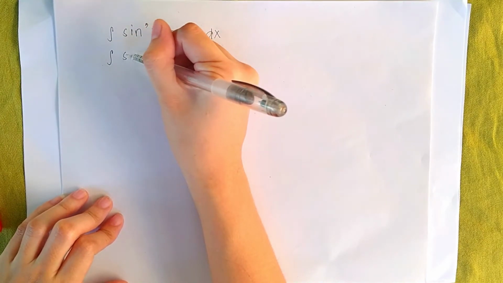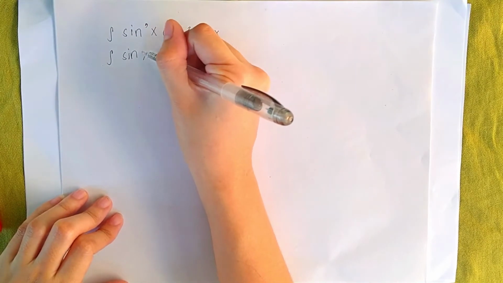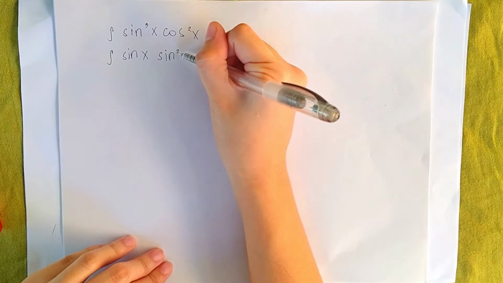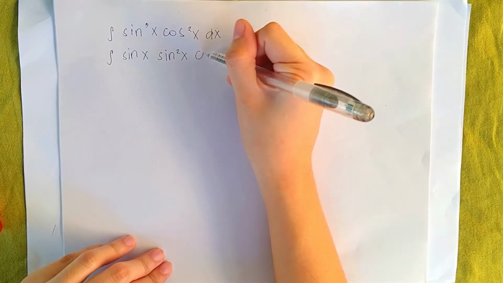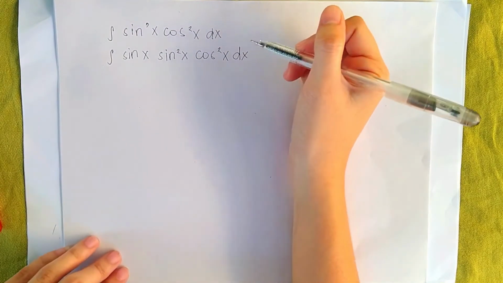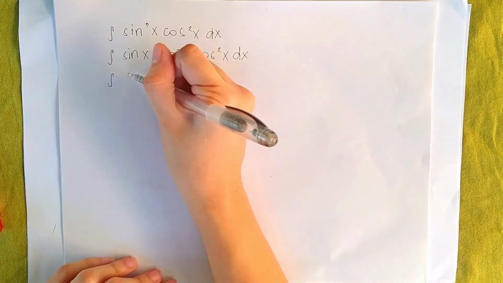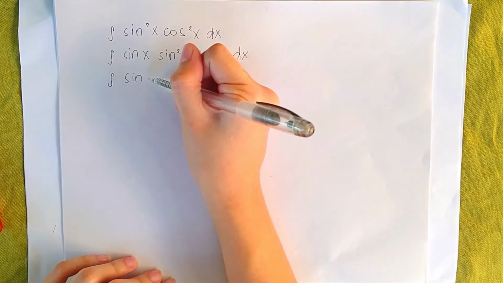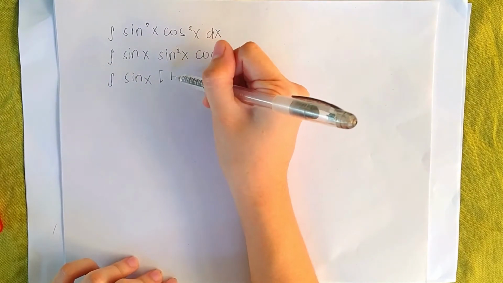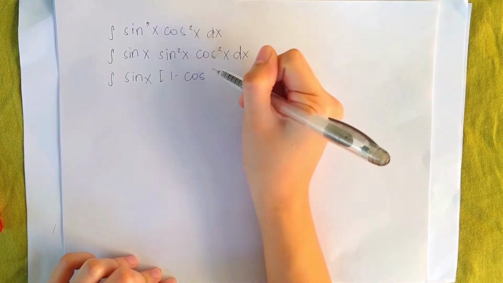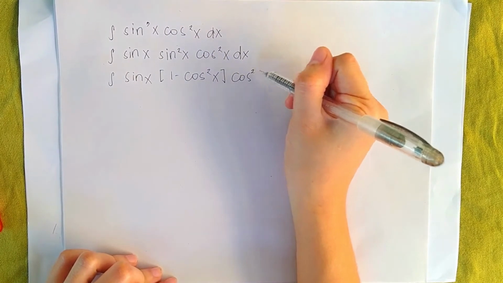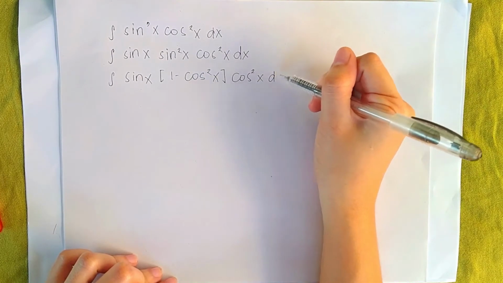So this will be sine x times sine squared x times cosine squared x dx. So next is we substitute the value of sine squared x. So this will be 1 minus cosine squared x times cosine squared x dx.